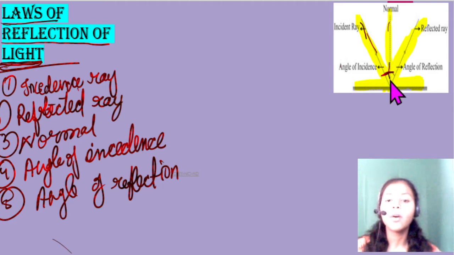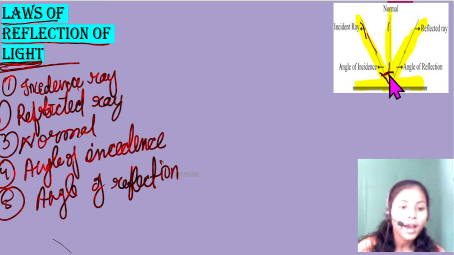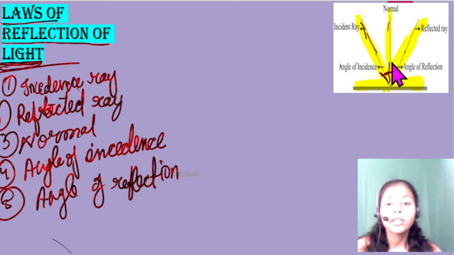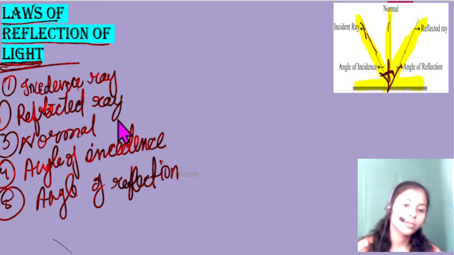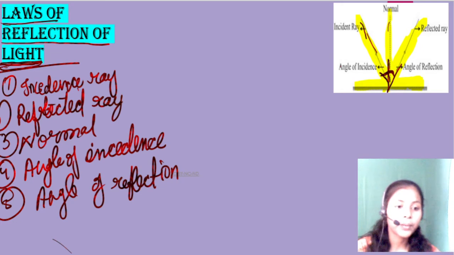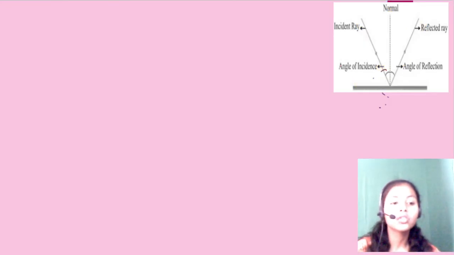The angle which is formed between the normal and the incidence ray is called the angle of incidence. And what is angle of reflection? The angle which is formed between the normal and the reflected ray is called the angle of reflection. So as we have read these, further we are going to discuss the laws of reflection of light.